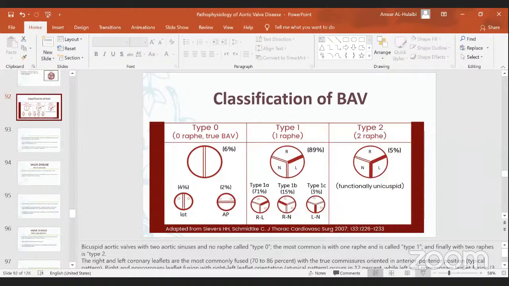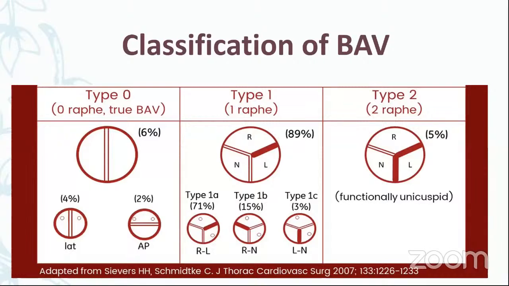So type 0, type 1, type 2. Okay, in type 0 there is no raphe, correct? So this is a true bicuspid aortic valve, easy to diagnose, easy to see on echo. You will see two nicely moving leaflets, and then commissures that are oriented at what degree? A commissural orientation here, 180 degrees, right?